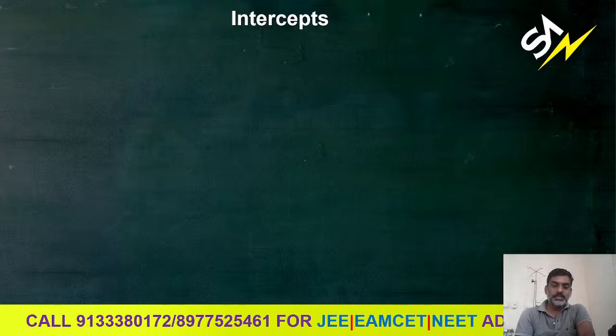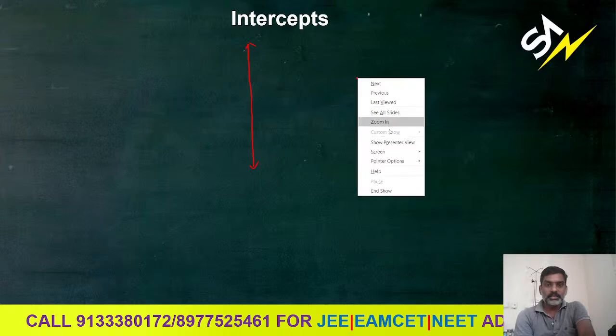Okay, let us see intercepts. What are intercepts? So here, the vertical line in a plane is called the y-axis.